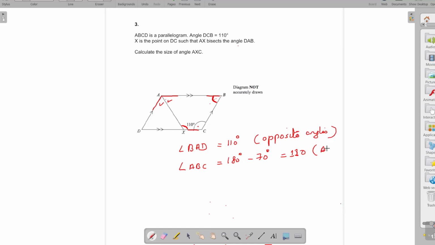We could say AB is parallel to DC, the internal angles add up to 180.